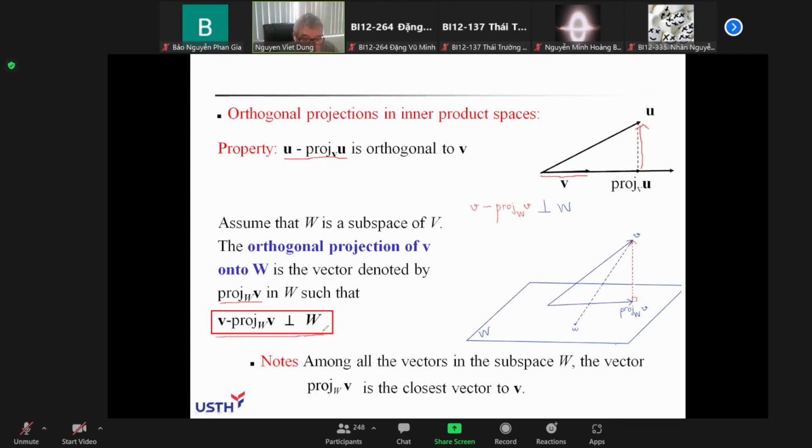So you see, that property is exactly the same as here. So that is what we define for the projection of a vector onto a subspace.